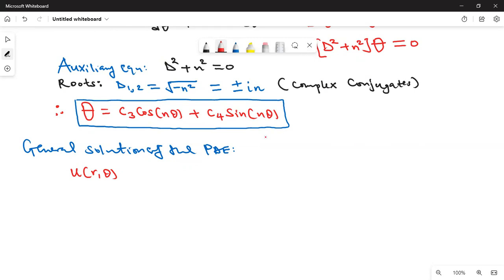So we can write this as u subscript n is equal to, remember it is capital R times capital theta.